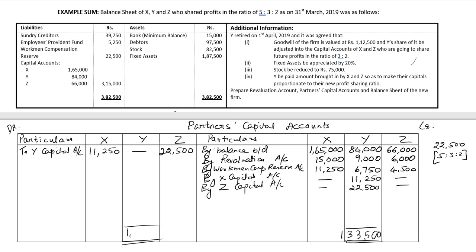The total of the credit side, 1,33,500 rupees. And the balancing figure which has to be paid is also 1,33,500 rupees. So to bank account, amount paid to partner Y, 1,33,500.